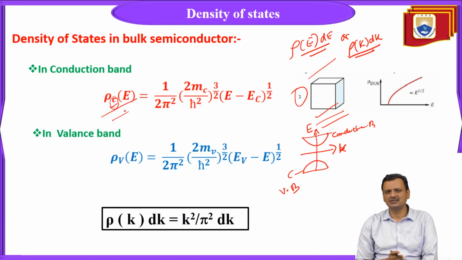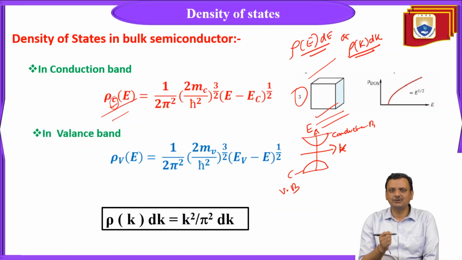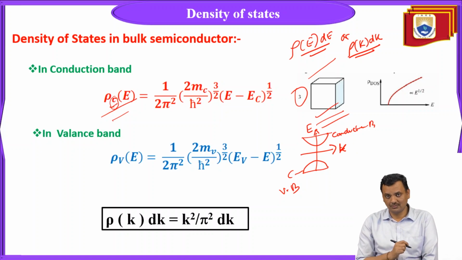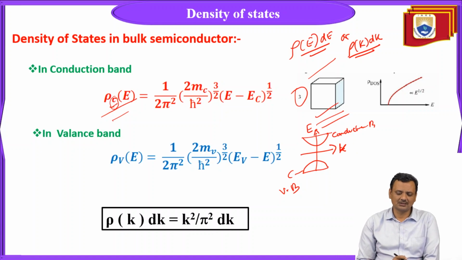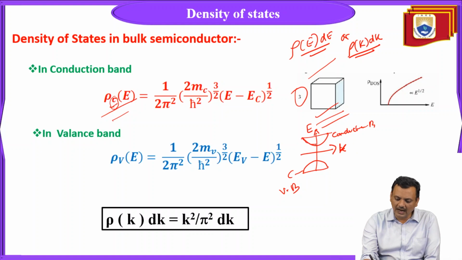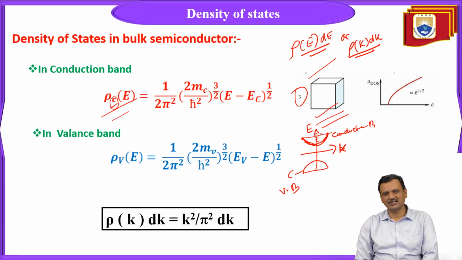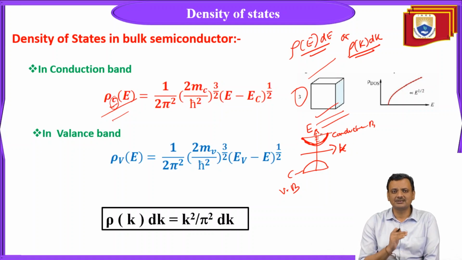Density of state means the number of available states in the energy range E to E plus dE per unit volume of the given semiconductor crystal. So for the conduction band, what will be the available energy states in the range E to E plus dE per unit volume?